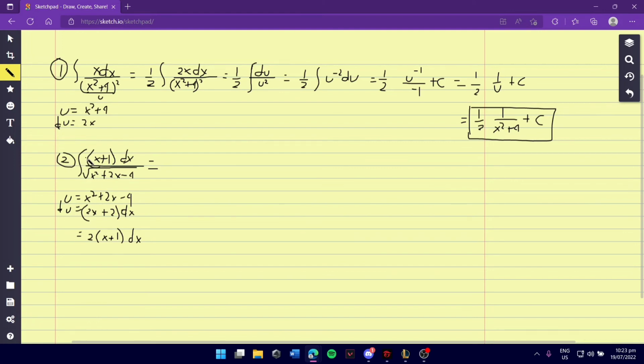As you can see, we put a 2 here, so when we put it here, we put 1 half. So 1 half, then 2 times x plus 1 dx over the square root of x squared plus 2x minus 4. Now we have our u and our du. So distribute u and du. This is 1 half times the integral of du over the square root of u.